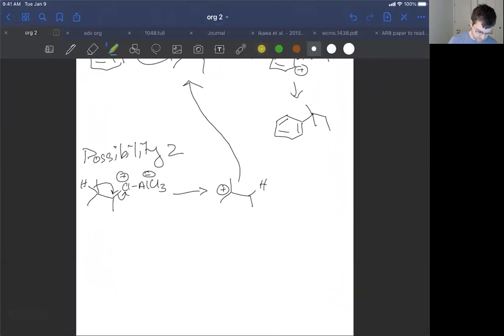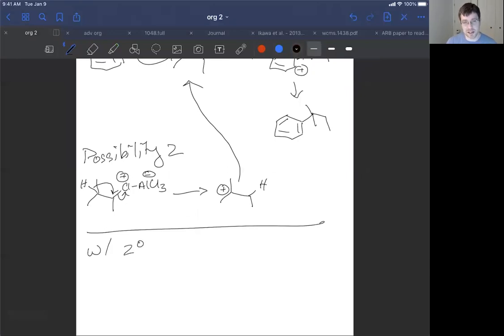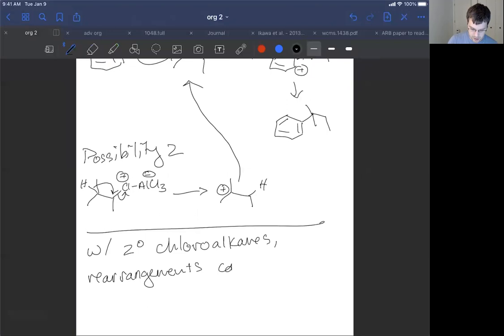It turns out that with secondary and even some, but I'm not going to have you worry about it, even some primary chloroalkanes, rearrangements, and let me add carbocation here, let's just keep it general, chloroalkanes, rearrangements can occur to form more stable cations.